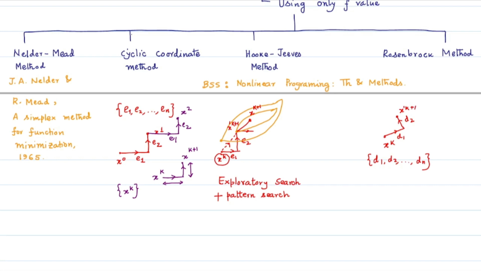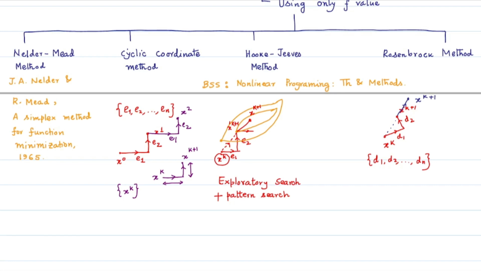Then we consider a pattern search along the direction xk plus 1 dash minus xk. Along this direction we take a step length and reach the next iterate xk plus 1. Then after reaching xk plus 1, we again generate a new set of n orthogonal directions. We move along those new n orthogonal directions, reach the point xk plus 1 dash, take a pattern search, and then keep moving. This is how Rosenbrock's method works.